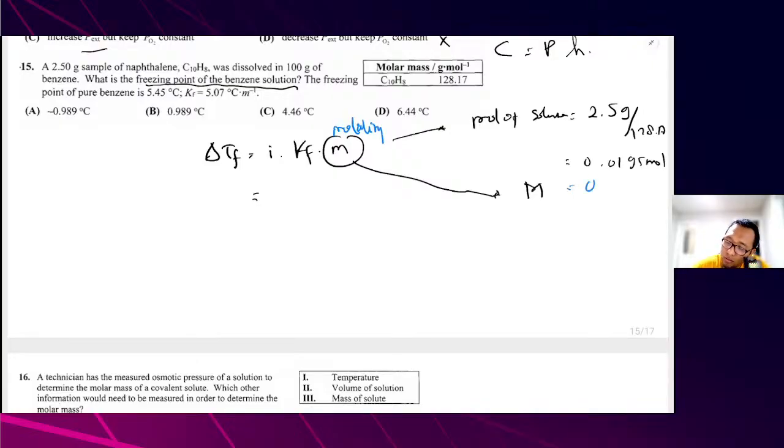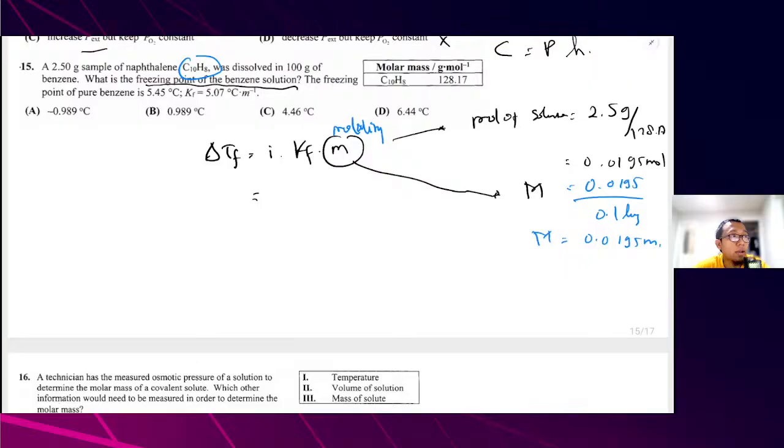So just 0.0195 divided by how much it is? 100 grams, which is 0.1 kilogram. So the molality is around 0.0195 m.